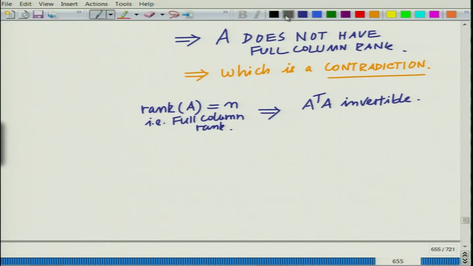Now let us consider the other way around. Let us say A transpose A is invertible.